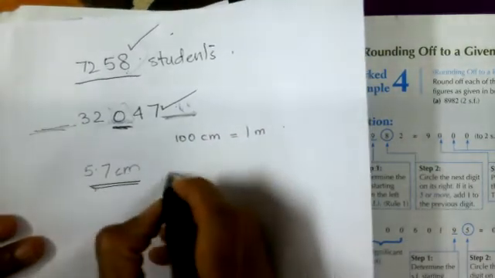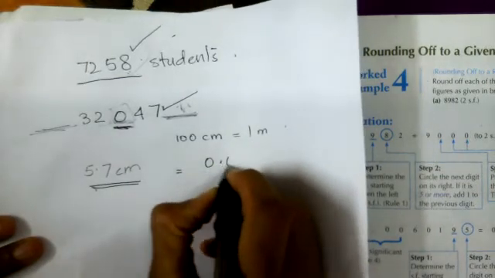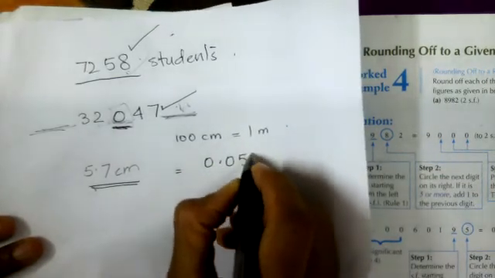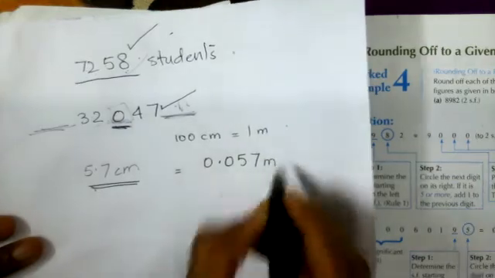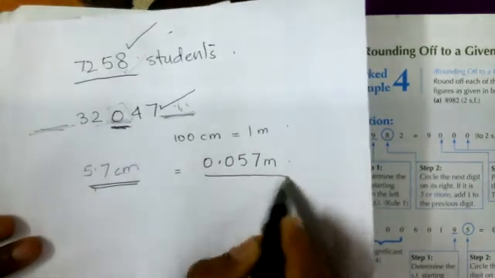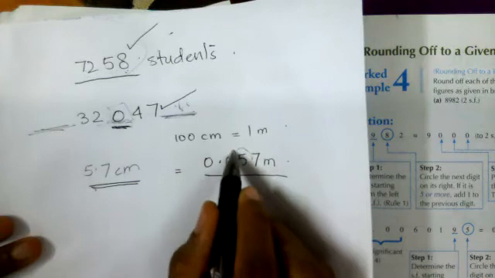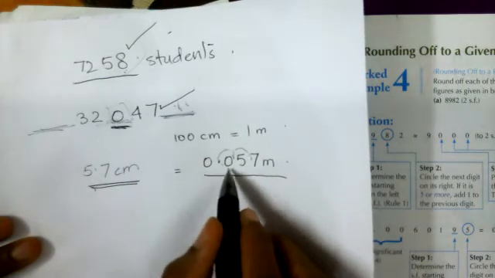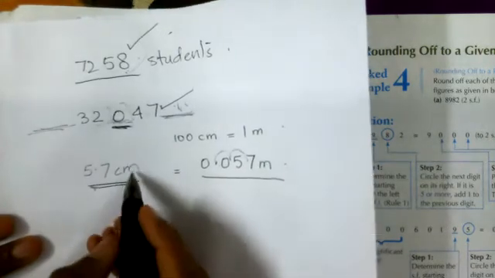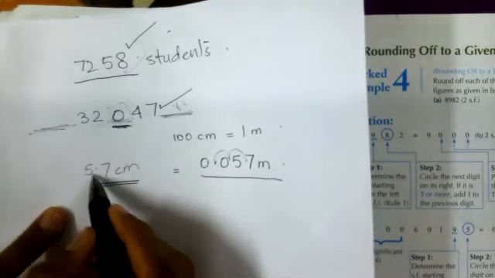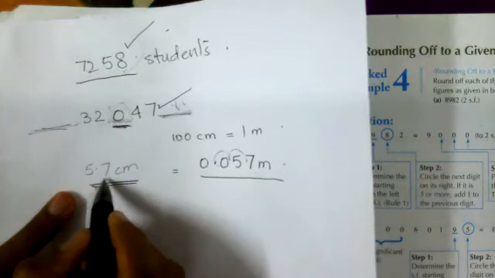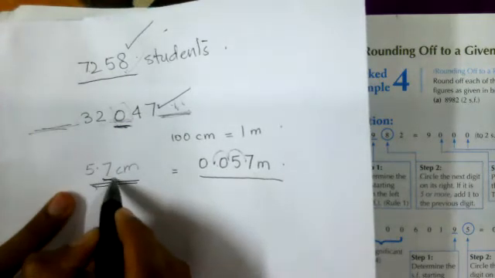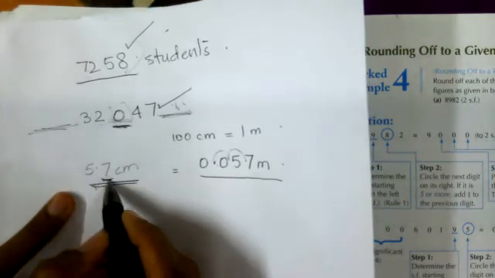And I will get 0.057 meters. The decimal will move back two places. So now I have 2 significant figures, but how many decimal places? 3 decimal places, whereas before I had 1 decimal place.